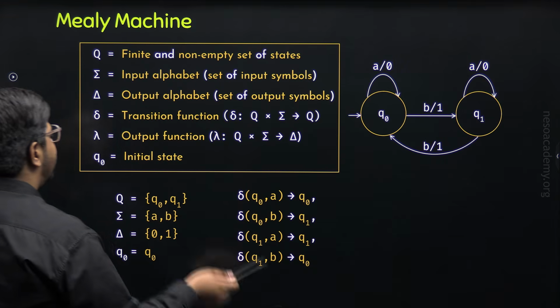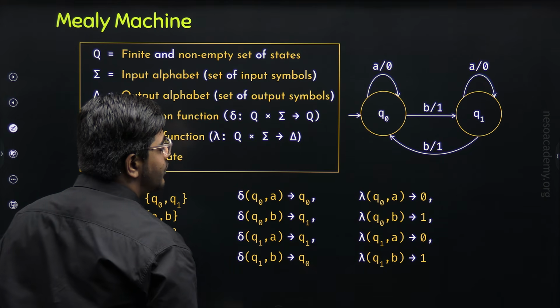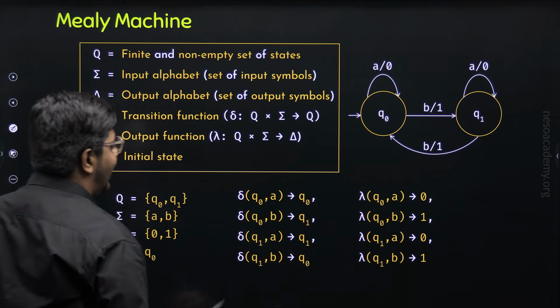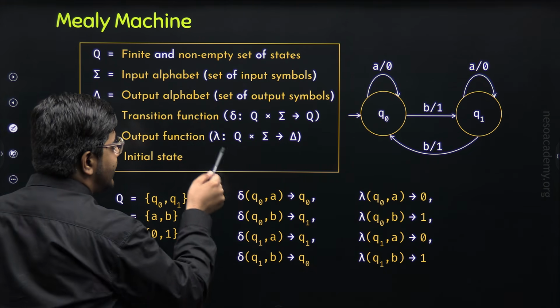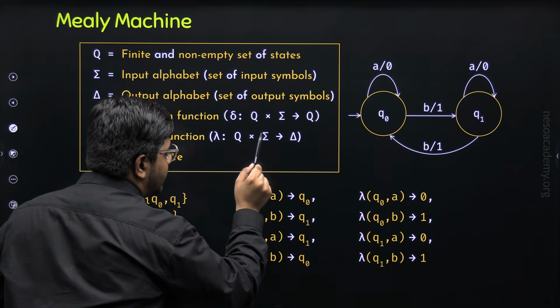Now let's find out the values of the output function. So these are the values of the output function. As I have explained to you, the present state and the current input symbol determine the output.